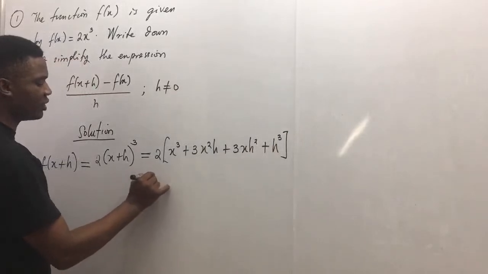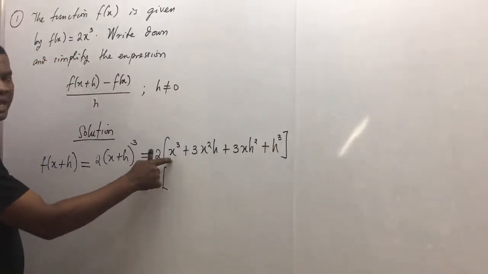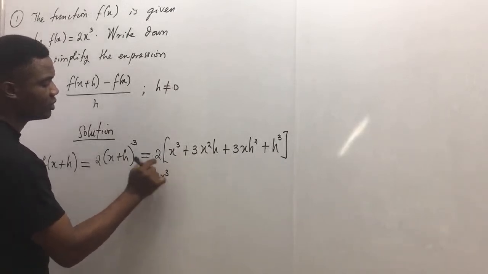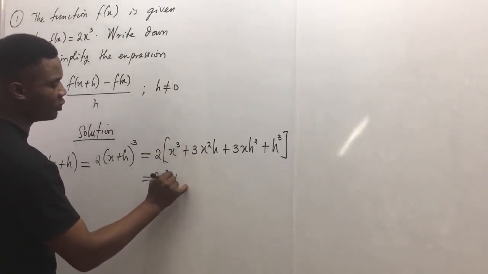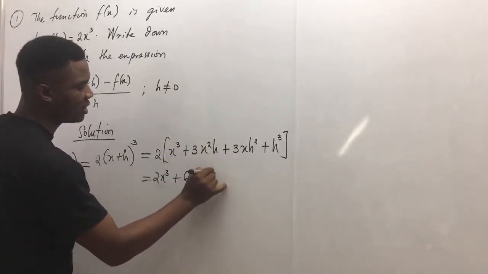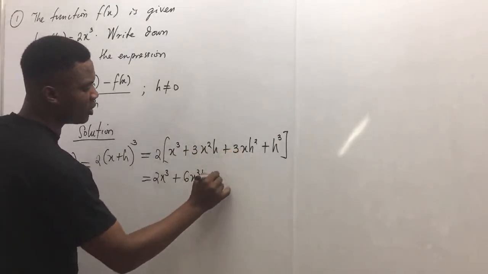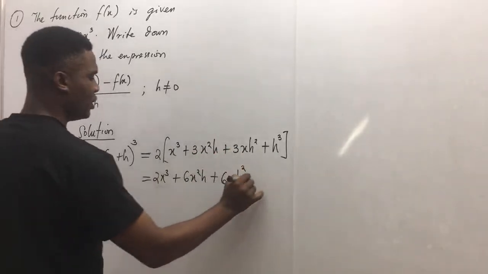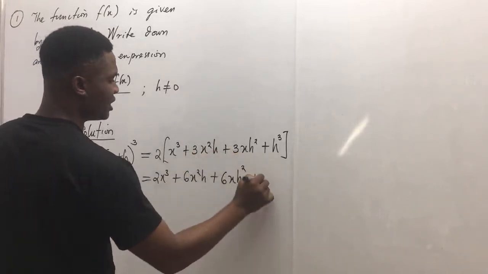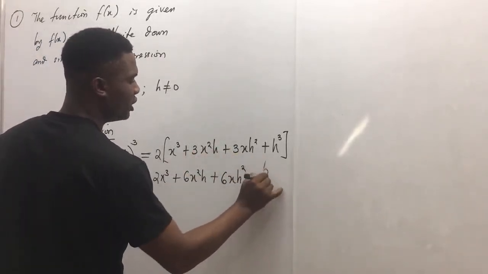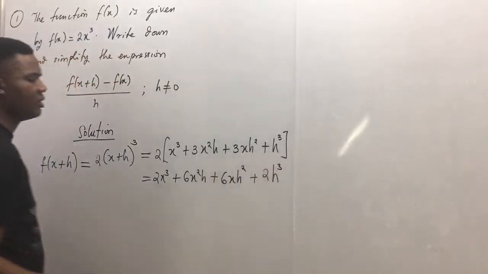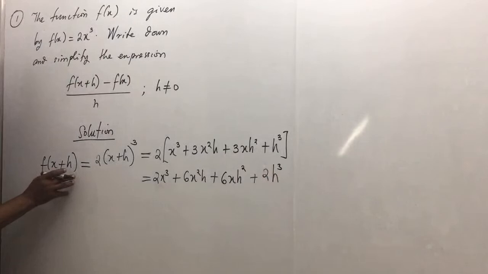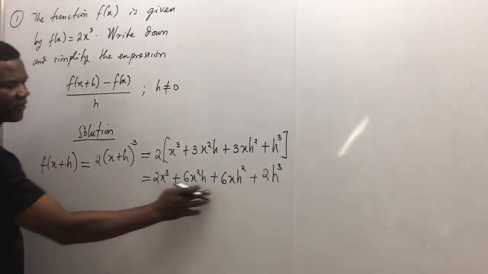And if you simplify further, 2 times x cubed will give you 2x cubed. 2 times 3x squared h will give you 6x squared h. And 2 times 3x h squared will give you 6x h squared. And finally, you would end up having 2 times h cubed to give you 2h cubed. Okay? So, what have I done? I've been able to get an expression for f of x plus h simplified.